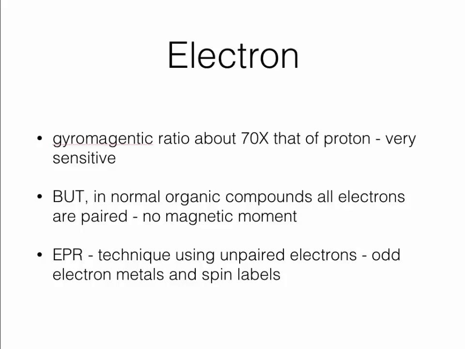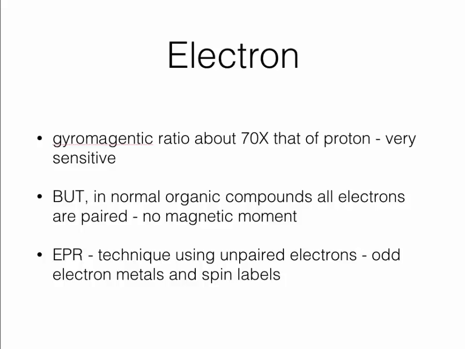There is a technique called electron paramagnetic resonance, or EPR, sometimes called ESR, which is a technique that uses unpaired electrons. And when you have an unpaired electron, you can get very valuable and very sensitive information from it, but you need to take special measures to get a signal because you need unpaired electrons.